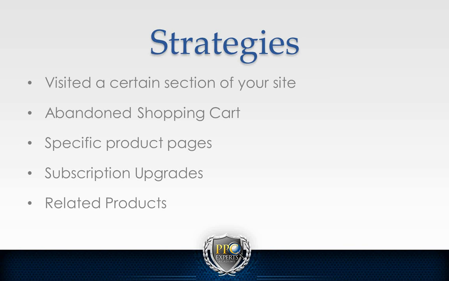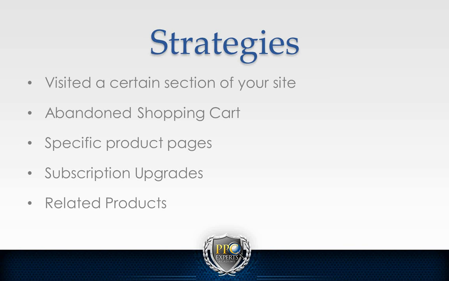Subscription upgrades. If you're running some sort of membership site and you have different levels of membership, bronze, silver, gold, platinum, and somebody's a bronze member, then you could tag them and show them ads to try to get them to increase their subscription. And then also related products. That's more of a strategy with the banners.